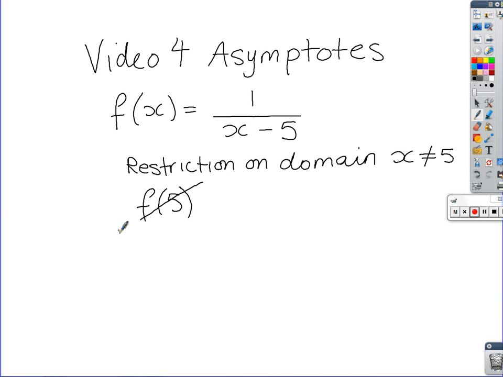This means there's an asymptote when x equals 5. We can draw this graph.